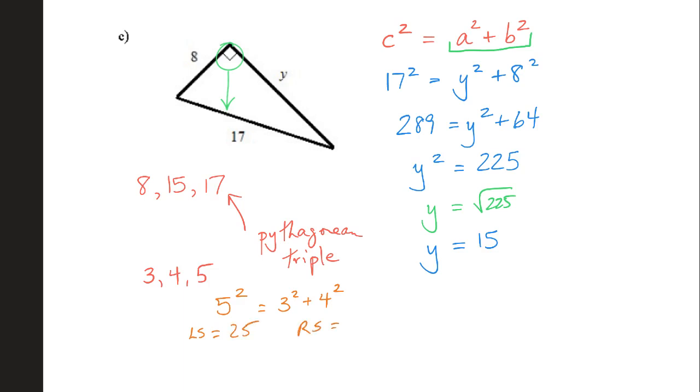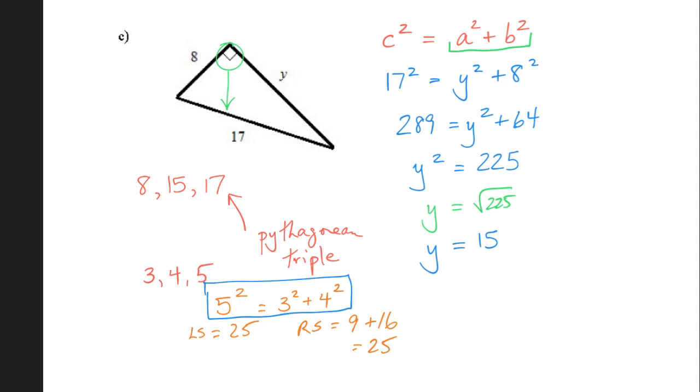My right side says 3 squared plus 4 squared, that's also equal to 25. Notice that 3, 4, 5 would fit in the Pythagorean theorem and make it true. So we have a bunch of Pythagorean triples that we can use, and if you've got a decent memory and you want to hold on to those, they are ones that you can use at any time.